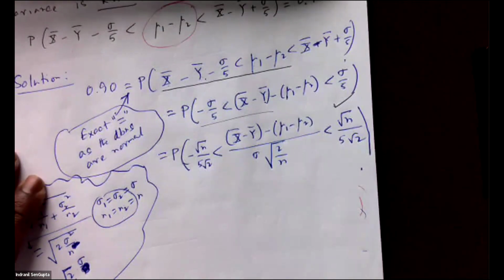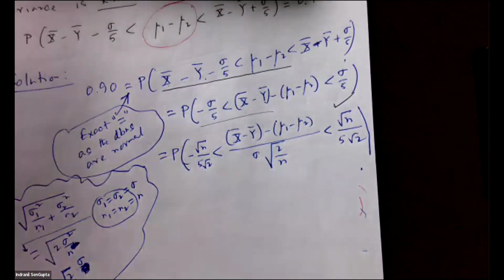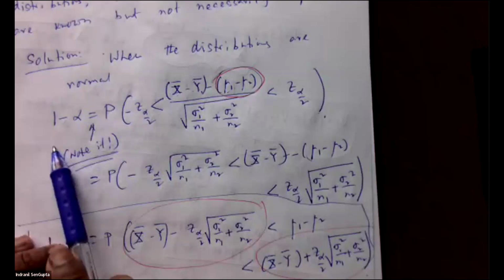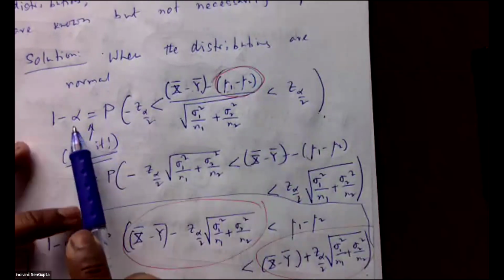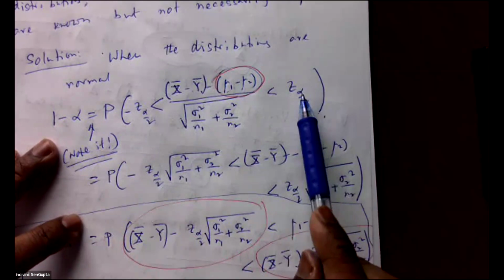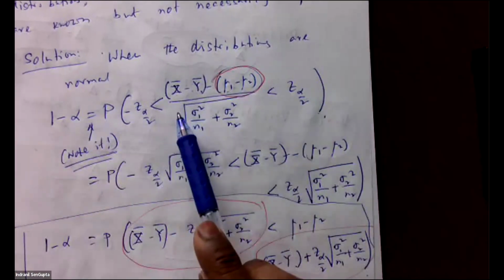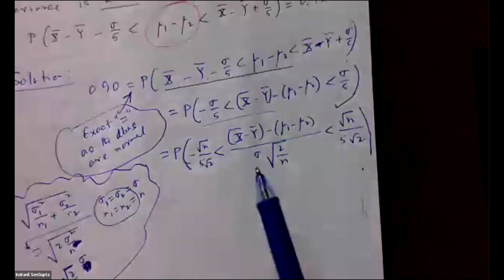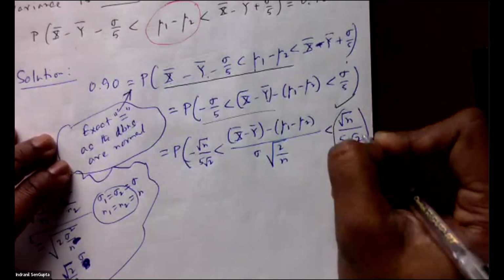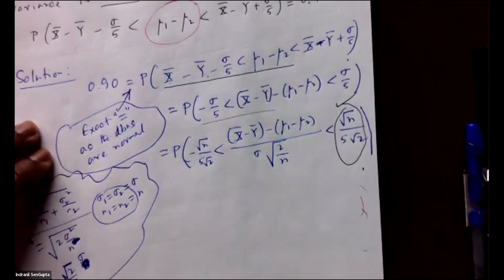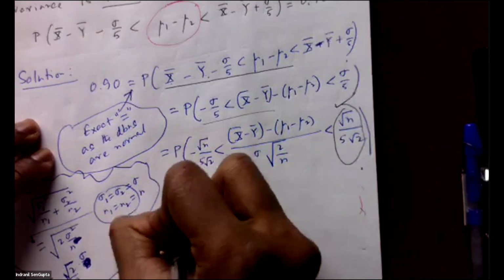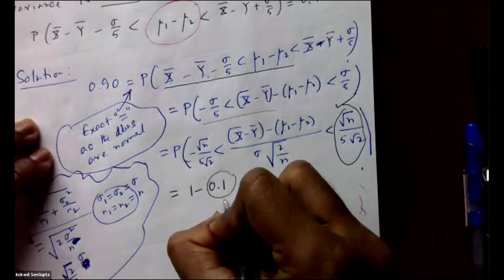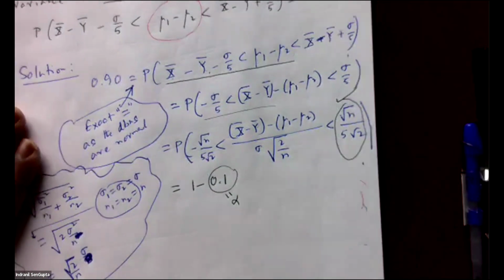So far, so good. Now, you know that this equation is always true. If that is the case, 1 minus alpha equals this one, and whatever you have here is z of alpha over 2. So this quantity has to be z of alpha over 2. And what is alpha? This is equal to 0.90, which is 1 minus 0.1, right? So my alpha is 0.1.